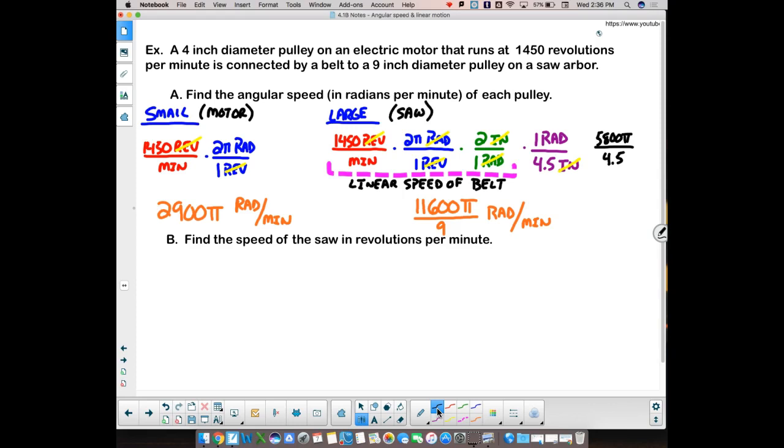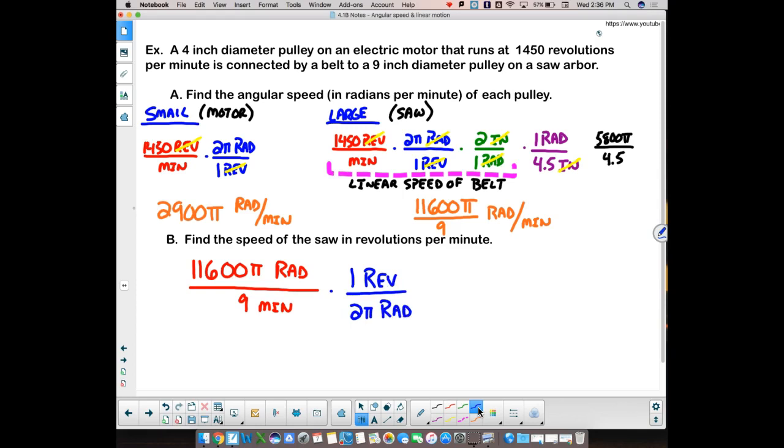In revolutions now per minute. Well, the saw is spinning at 11,600 pi radians every 9 minutes. We want to put that into revolutions per minute. So that would be 1 revolution is 2 pi radians.